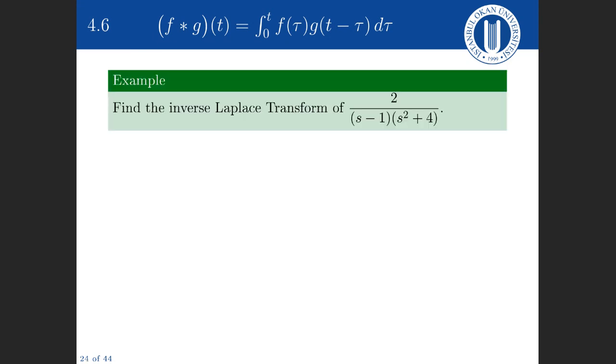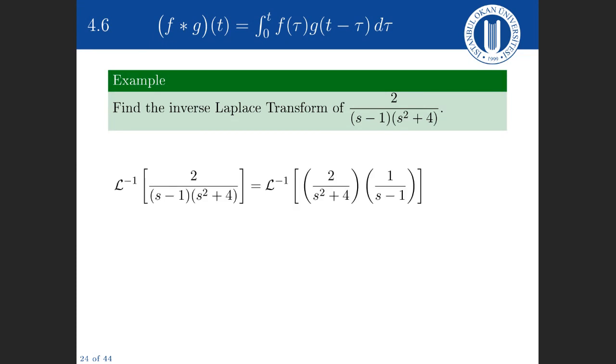Find the inverse Laplace transform of 2 over s minus 1 times s squared plus 4. We could use partial fractions if we wanted to, but this time we're going to use the convolution theorem. We have the inverse Laplace transform of 2 over s squared plus 4, we know that one, multiplied by the inverse Laplace transform of 1 over s minus 1.